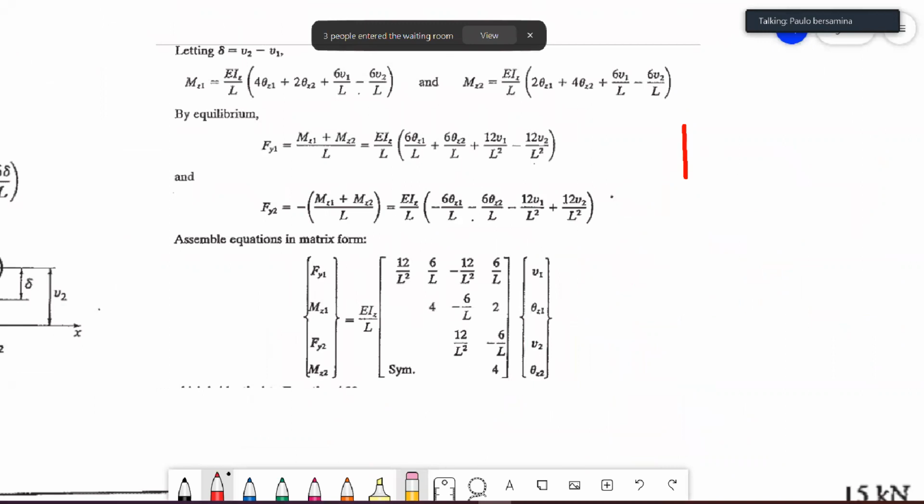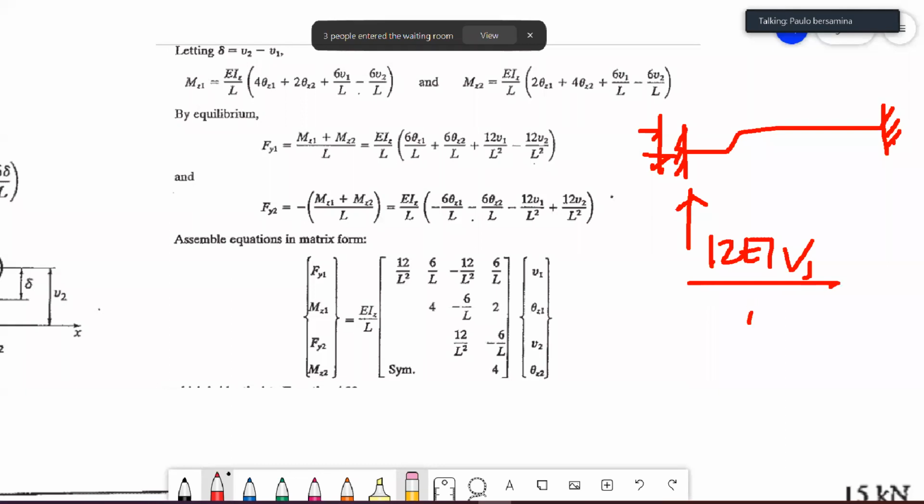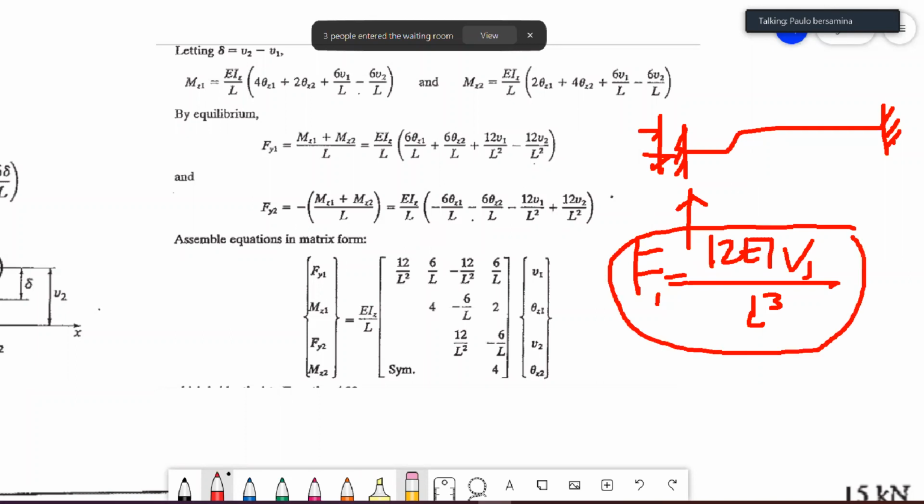So if you have a 1 unit displacement, your reaction is 12 EI V1 over L cubed. That is the reaction F1 or FY1. I believe you're familiar with this from our discussion on earthquake engineering.